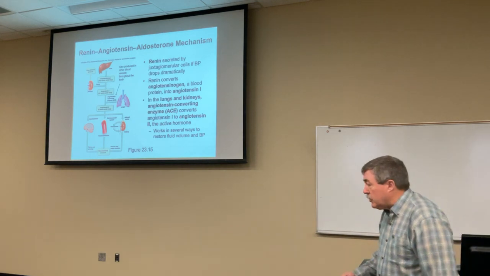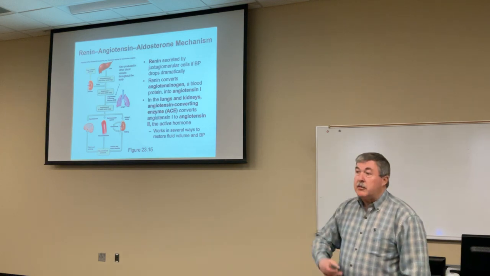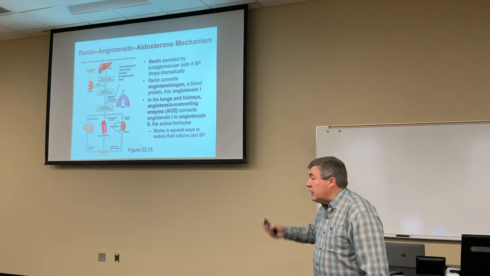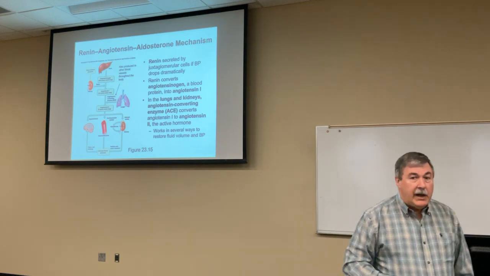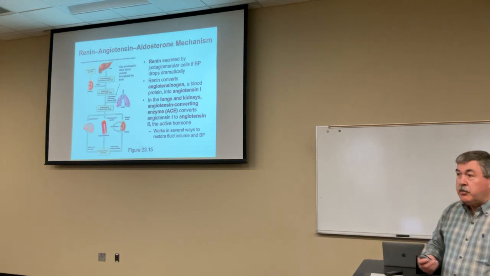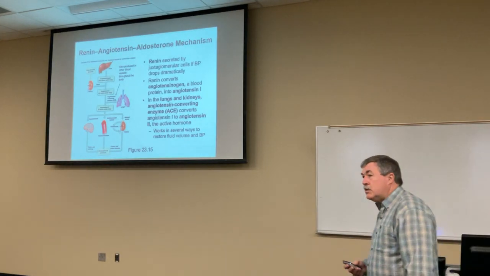That also increases blood volume and brings blood pressure back up again. So there are at least three different ways that angiotensin II brings blood pressure back up. And in the process, that also increases GFR.